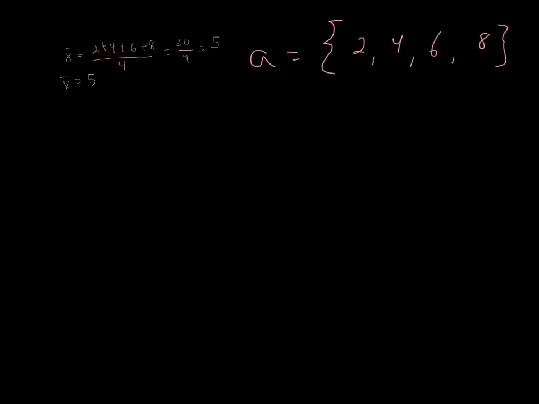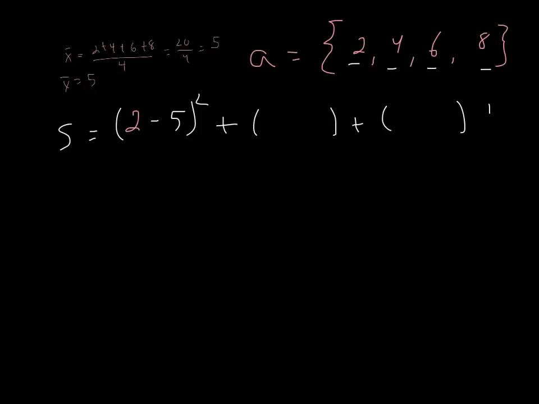So for sample standard deviation, what we're going to want to do is follow that method of the sum total of all of the differences between our individual values and the mean, squared. By that I mean we're going to take that first number, 2, and subtract x bar, which was 5. We're going to square it, and add that to a bunch of others.